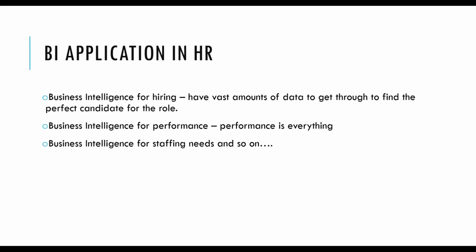Now let's discuss the different business intelligence applications. First, business intelligence application in human resources. When you're hiring, you have a massive amount of data to get through to find the perfect candidate for the role.